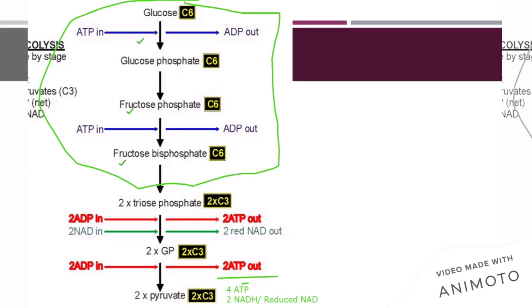These are what they call the high energy compounds, the reduced NAD and the ATP molecules. So you really want to summarize your answer by looking at the net production of glycolysis, which is stated here.